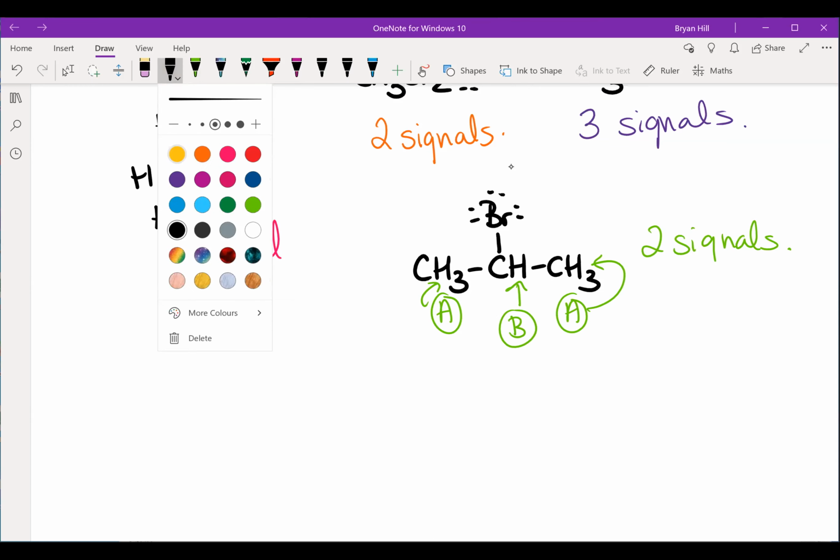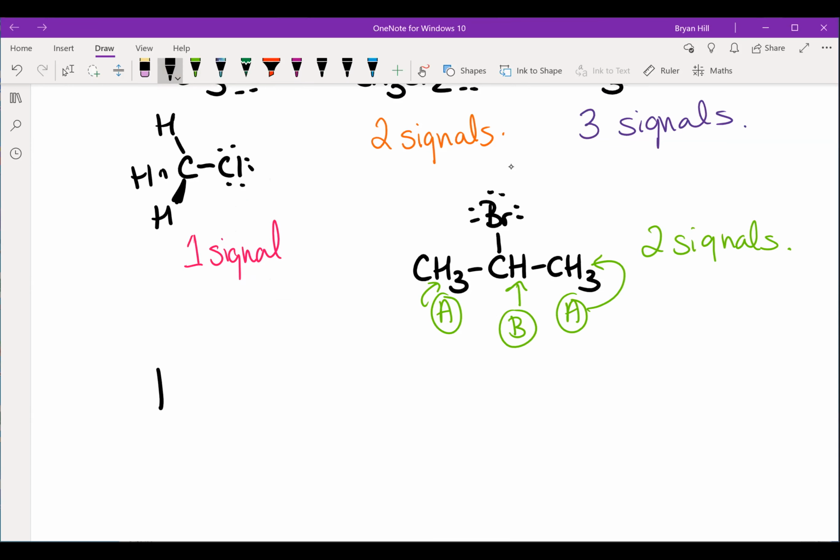All right, let's do this. How many different signals should we have in a cyclohexane? One.